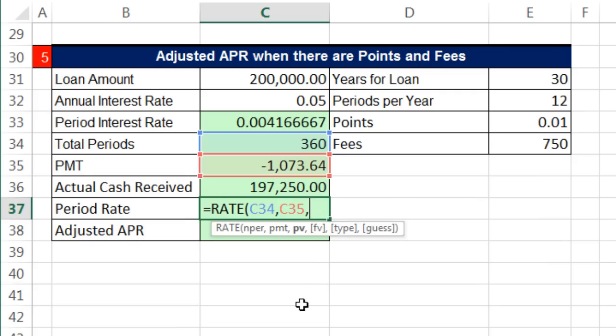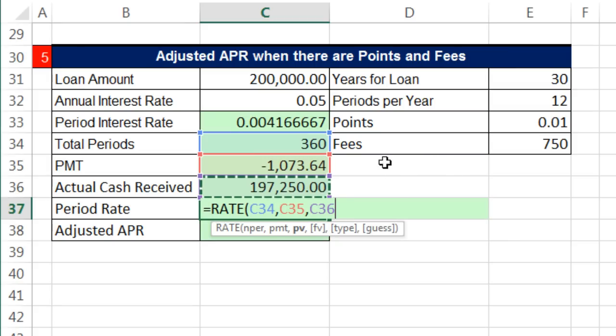The present value, that's why we had to calculate the actual cash received, because from our point of view, this is how much we used to give to the person that we bought the house from. These extra fees went to the person who serviced the loan. So there it is. And it is positive. That comes into our pocket.